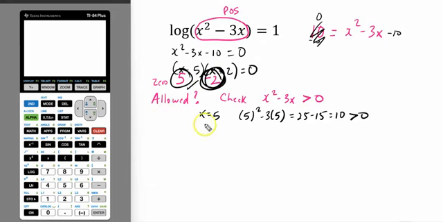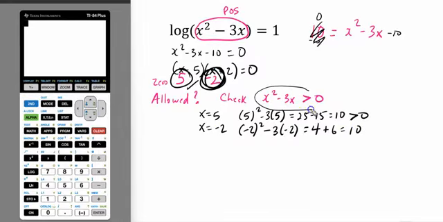Is that allowed? Well, I'm going to put negative 2 into the argument. So wherever there's an x, you replace it with negative 2 in parentheses. Negative 2 all squared is positive 4, and then negative 3 times negative 2 is positive 6. So once again, if x is negative 2, my argument is a positive number, so it is also allowed.